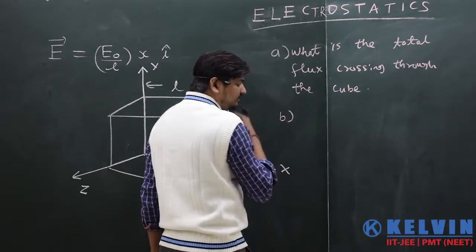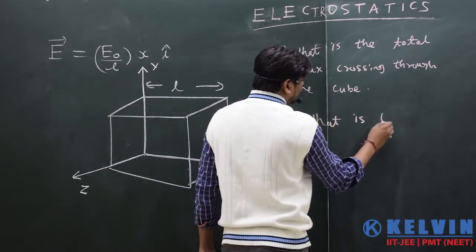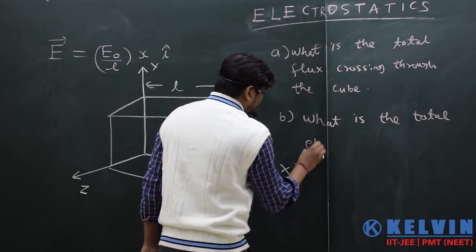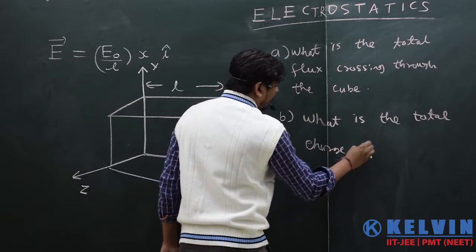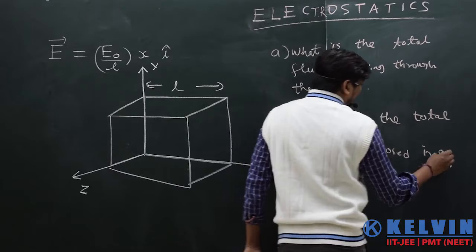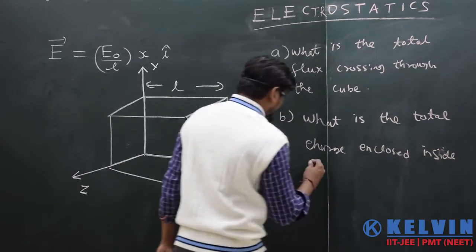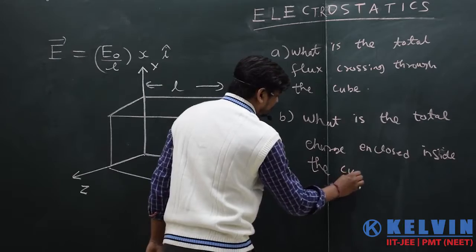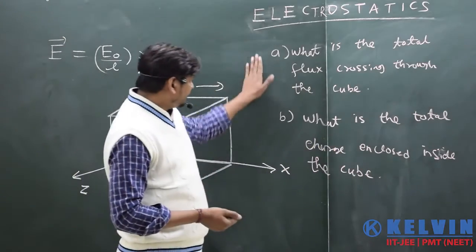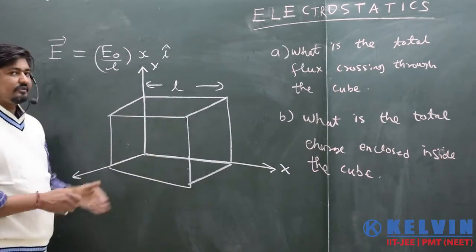And the B part is, what is the total charge enclosed inside the cube? So we are interested in calculating these two parts for this particular equation for this cube.